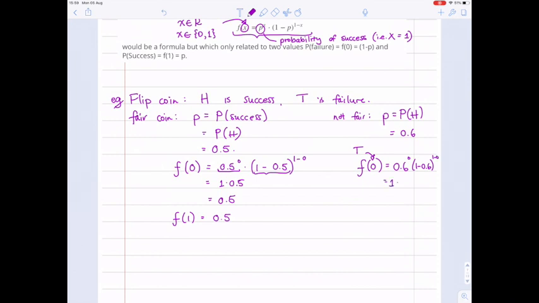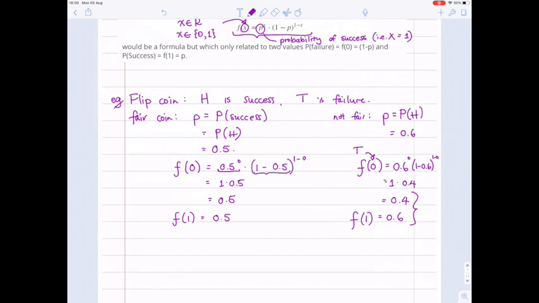So that's 1 times 0.4, which is 0.4. So you can see how this works. And our probability of getting heads is 0.6. And notice that these do add up to 1, which is what we'd want.